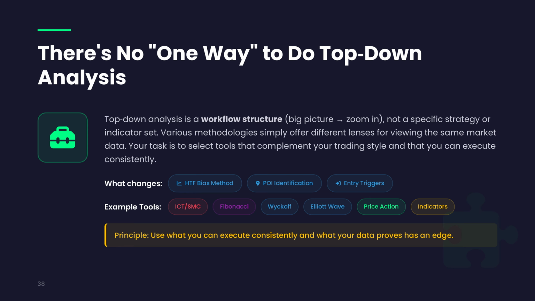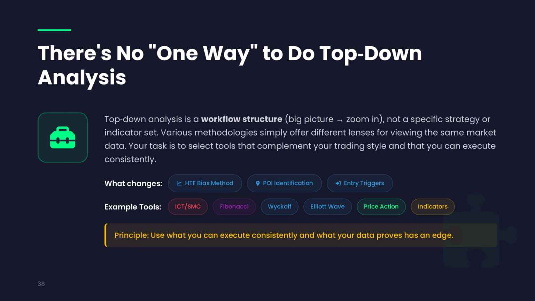Examine the examples herein: ICT and smart money concepts with their liquidity-centric approach, the Fibonacci suite, grounded in mathematical ratios, Wyckoff with its insights on accumulation and distribution, Elliott wave with its fractal wave structures, and pure price action, focusing on raw support, resistance, and candlestick patterns. Technical indicators and profile tools follow: moving averages, RSI, MACD, VWAP, volume profile, Bollinger Bands, pivot points. Order flow analysis and volatility measures such as ATR round out the list.